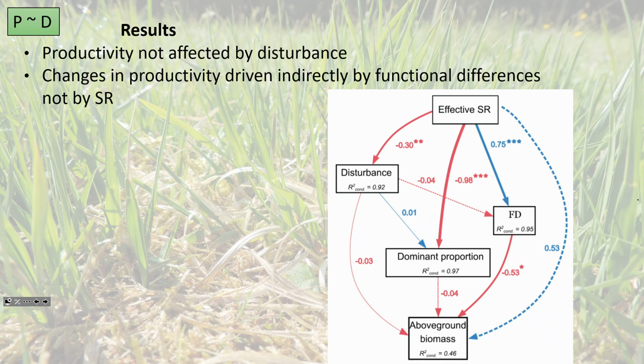And this is a structural equation model looking at the same thing, how effective species richness is affecting above ground biomass, but via different things. We were specifically interested if this disturbance is doing something with our communities, and it's not. So, of course, effective species richness is affecting disturbance because it's causing it, but disturbance doesn't have any effect on functional diversity or above ground biomass.